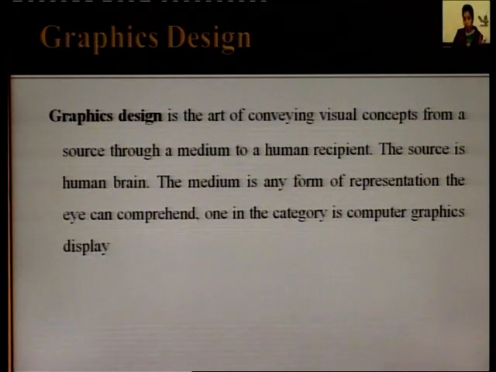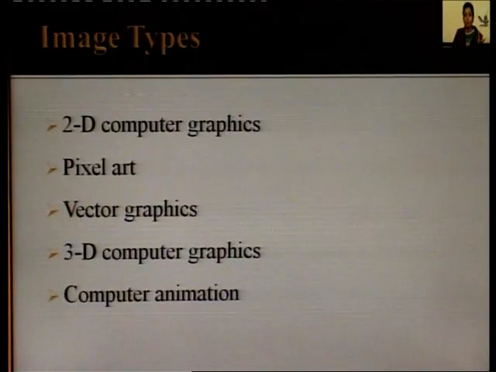The medium is any form of representation, and the eye can also be a source of information. So there are different types of images that we can create in a computer system. It may be 2D computer graphics, pixel art, vector graphics, 3D computer graphics, or computer animations.